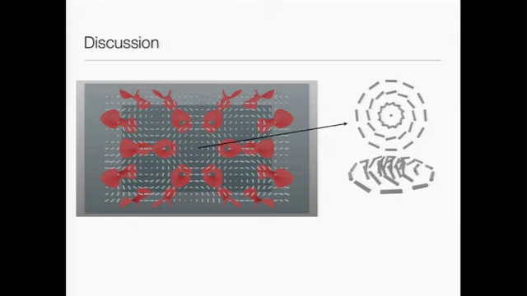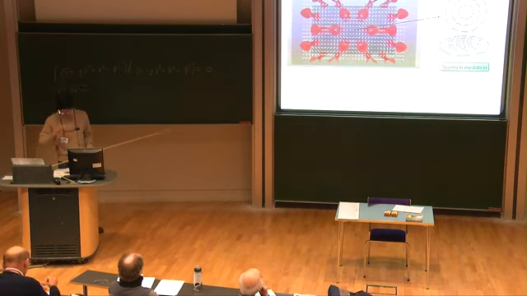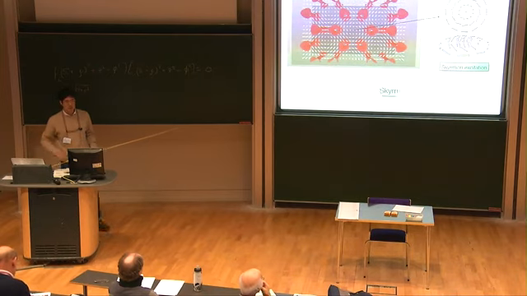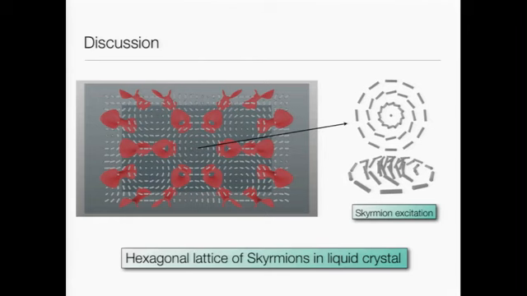This is again a double twist, but it is also called a skyrmion excitation. A skyrmion excitation is also a vortex-like excitation in a vector field, and so this structure can be regarded as a hexagonal lattice of skyrmions, also in liquid crystals.